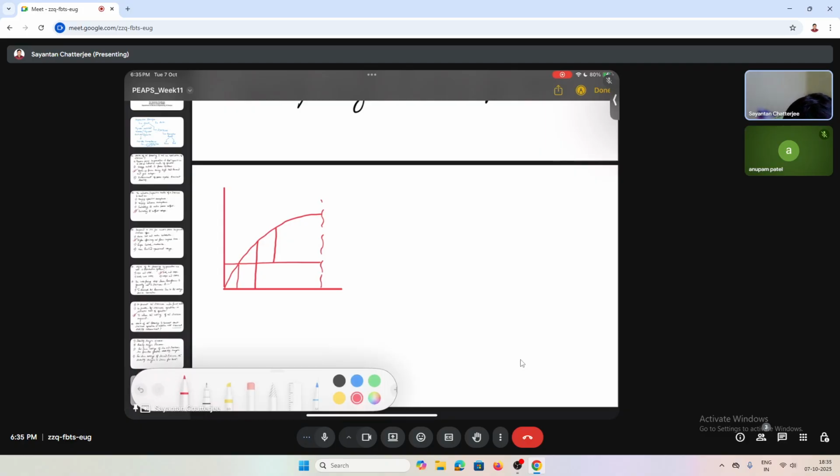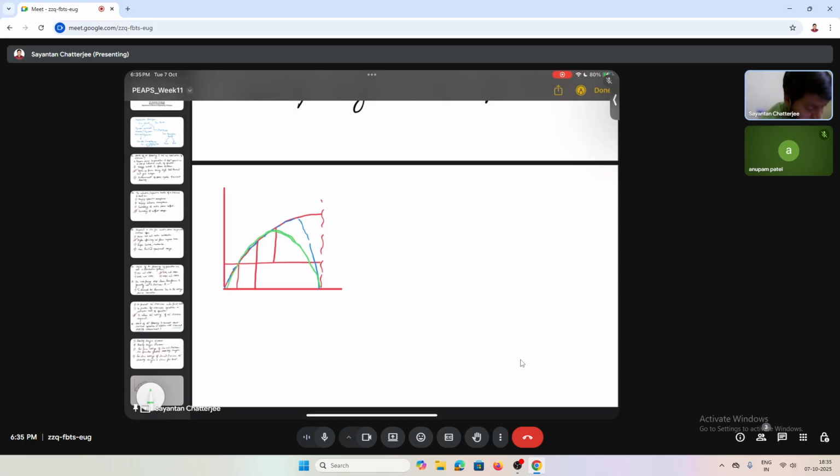But the thing is, let's draw the same characteristics of SVC. It will go up to this point, and at a certain point, it will follow. Whereas if nothing had been present, the graph would have followed this line. This is a semicircle type.